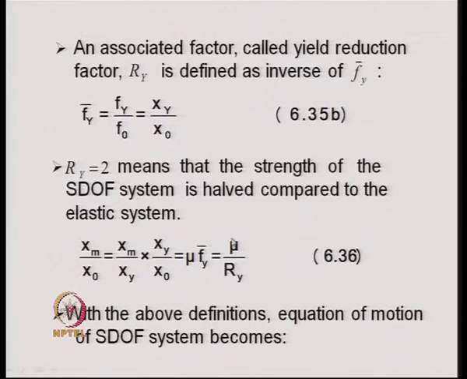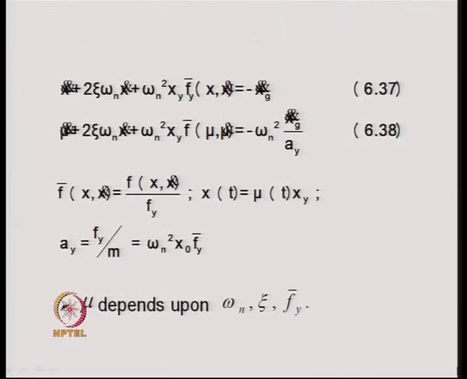Now, with the above definitions, the equation of motion of a single degree of freedom system is given by equation 6.37.